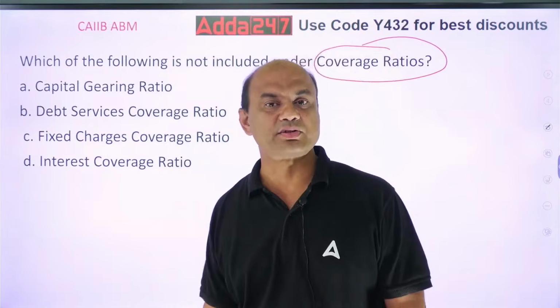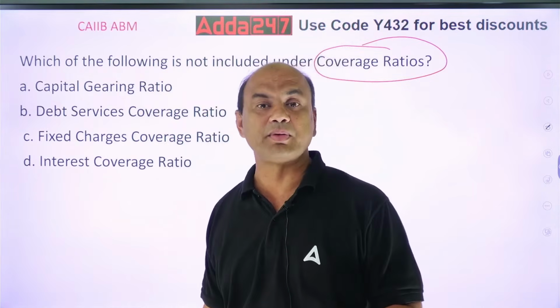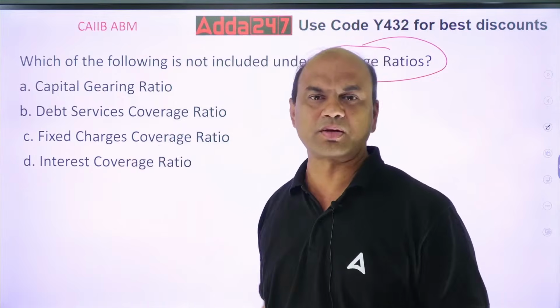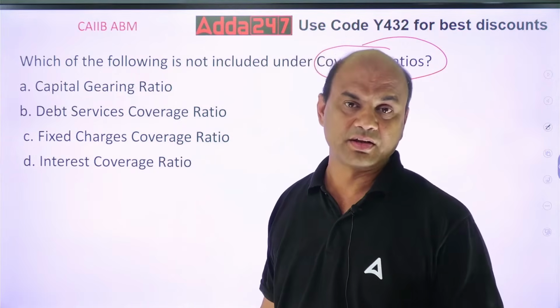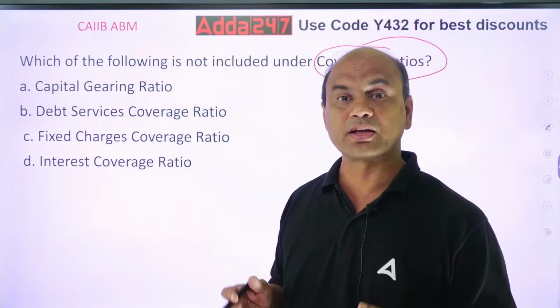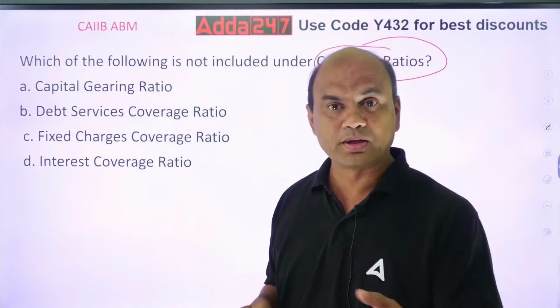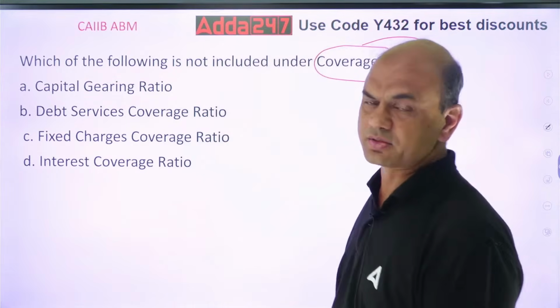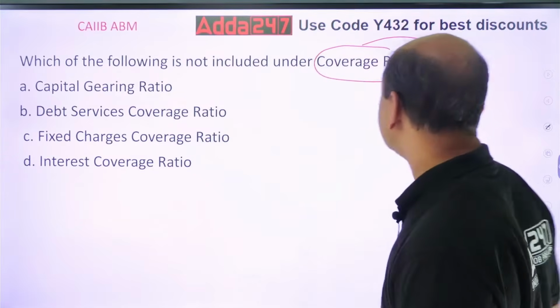Interest coverage ratio, whether the customer will be able to repay my interest. Similarly, fixed charges, legal charges, whether the customer has the capacity to pay those charges. So that is all considered under coverage ratios. So which one is not there? Let's see.